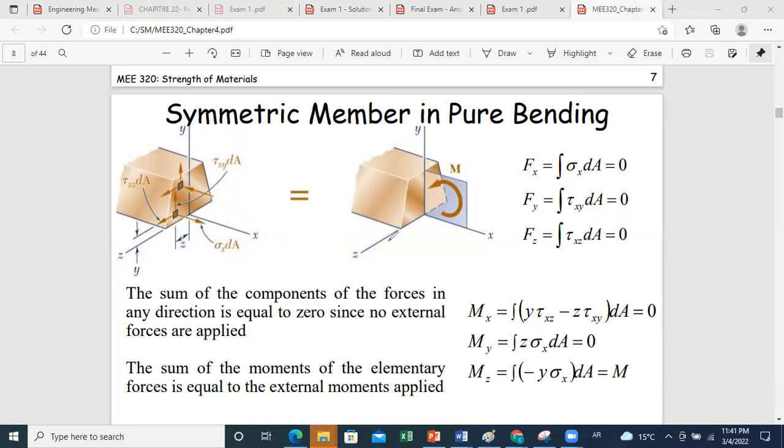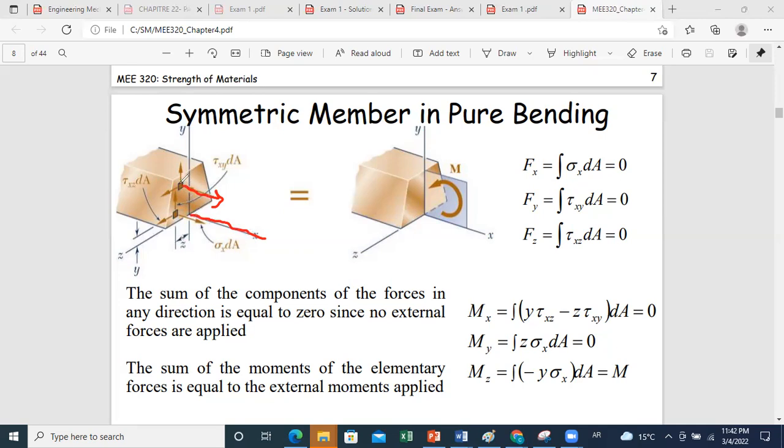So in the general analysis, the contributors to the moment about x will be the shear stresses tau xz and tau xy. Why? Because if you look at this figure, first the normal stress will not do any moment about x because it's parallel to x. And you know that to produce a moment, you need force components that are perpendicular to the axis.